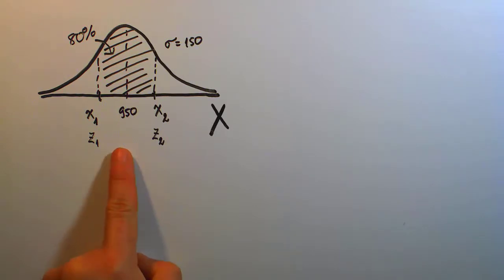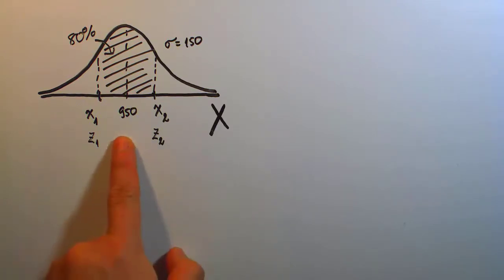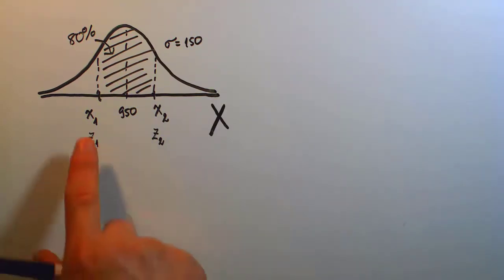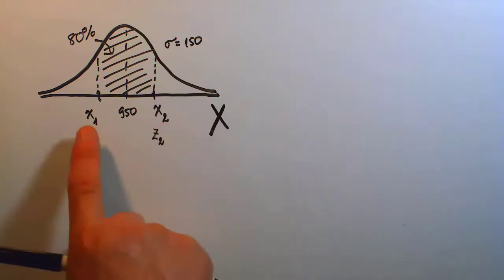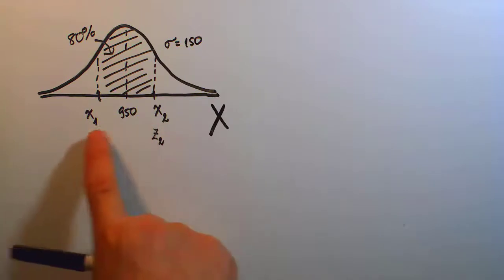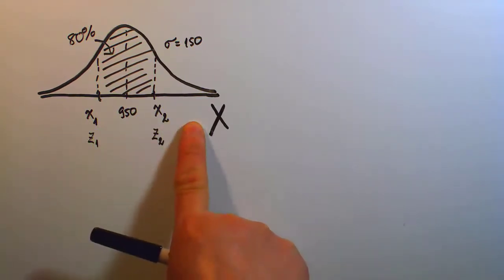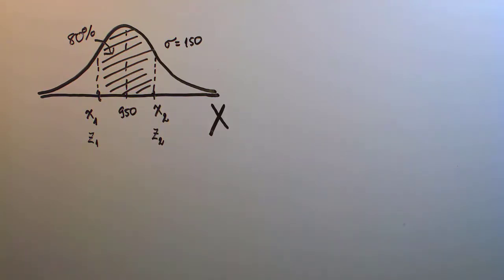At this point, to have a nice and clear understanding of how I'm going to solve this problem, I highly recommend that you go back and view my video on how I solve this kind of middle area problem on the standard normal distribution. But we have two different cutoffs here, so we can decide to start out with whichever one of them. Whichever one to start out first is completely your choice.